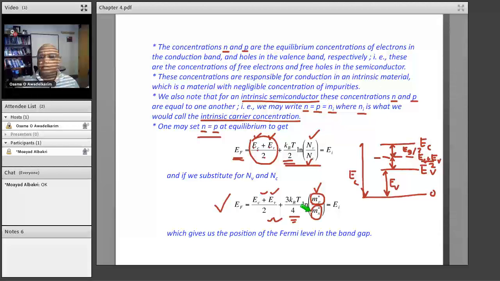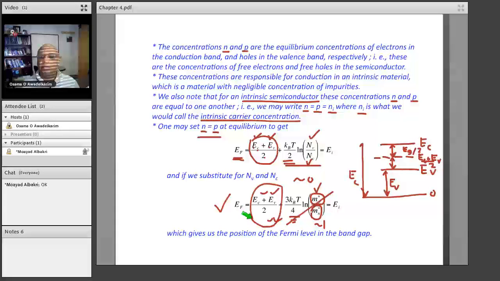So let's assume that this ratio is roughly equal to 1. The logarithm of 1 is 0, so this term is very close to 0. So actually the Fermi level in an intrinsic semiconductor is very close to the middle of the band gap.